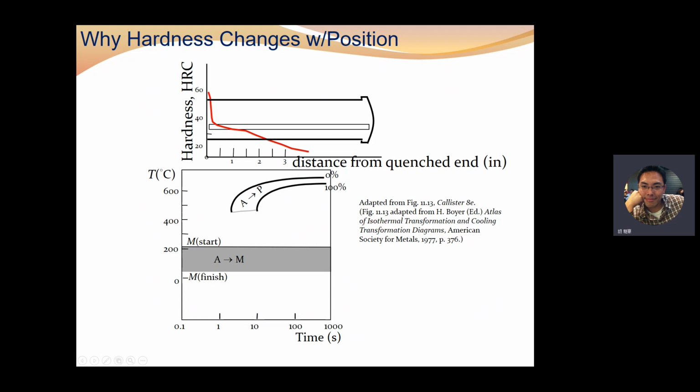Okay, so let's look at the hardness test correlated to the TTT diagram. This is our specimen, and we have the flat surface right here because we have to measure the hardness.